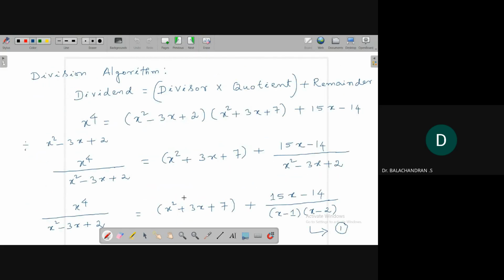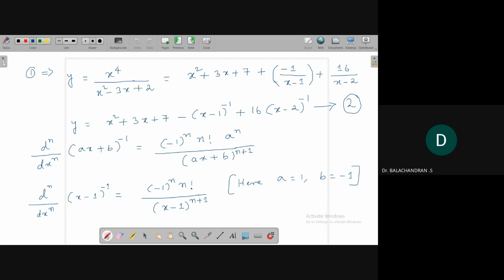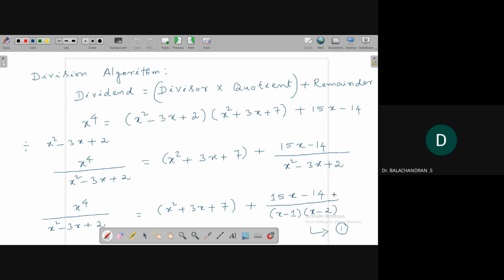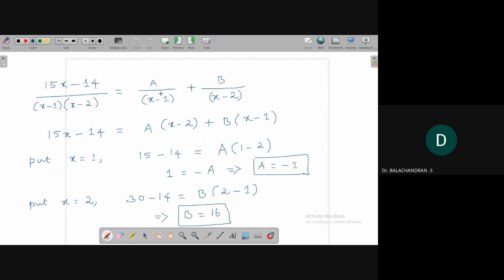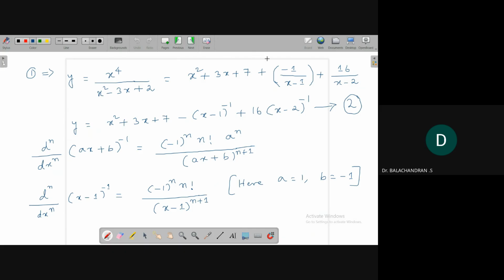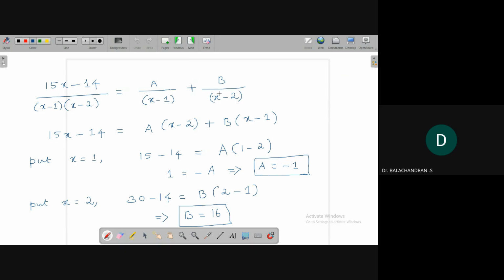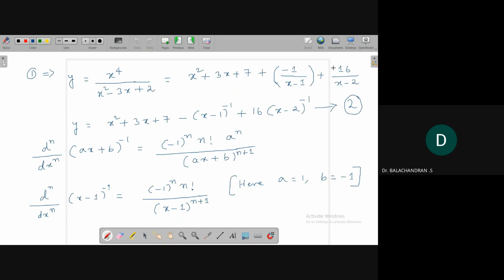x square plus 3x plus 7 I wrote here, and then plus, within bracket, a is minus 1 by x minus 1 plus b, b is 16 by x minus 2.